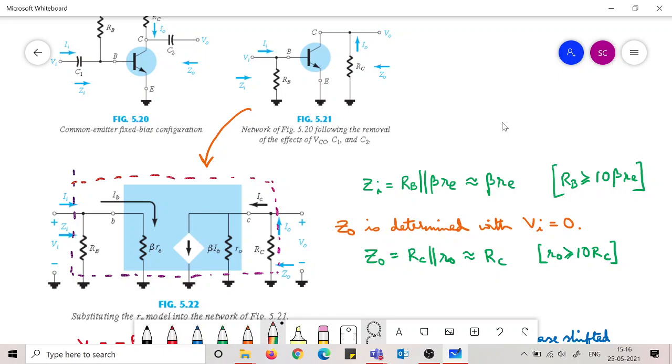So, this is the final point which you need to understand. Now, we are trying to see what would be the Zi and Z0 of this two-port network. We will always do this exercise, as we will see later also.